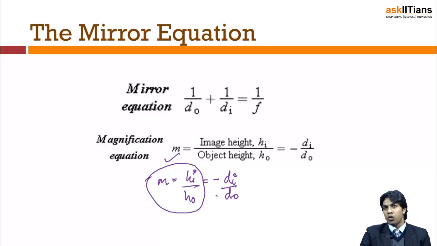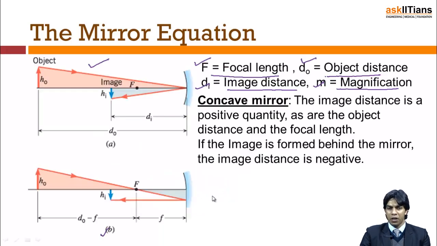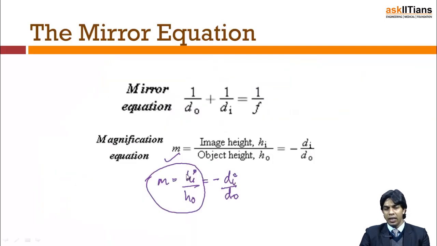Now, if you work out the geometry, let's say in the previous figure, if I try to work out the geometry of this setup, I will end up finding this relation, that is Hi by H0 is equal to minus Di by D0. I will end up finding this relation if I apply similar triangles by selecting a correct pair of triangles.